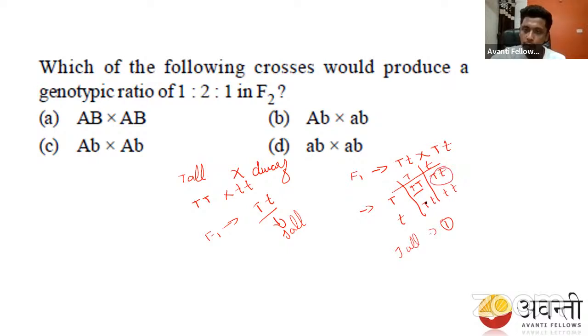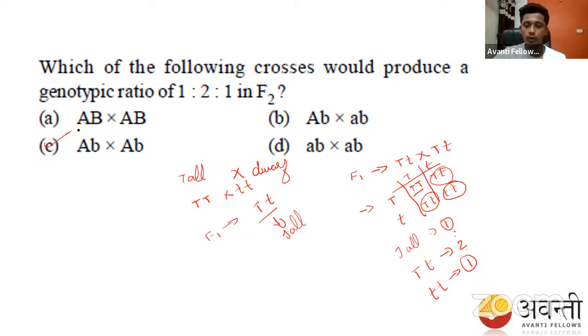Then we have capital T small t and capital T small t, which is heterozygous tall, that is 2. Then we have small t small t, which is homozygous dwarf. So now we have the 1:2:1 ratio, and option C is correct.